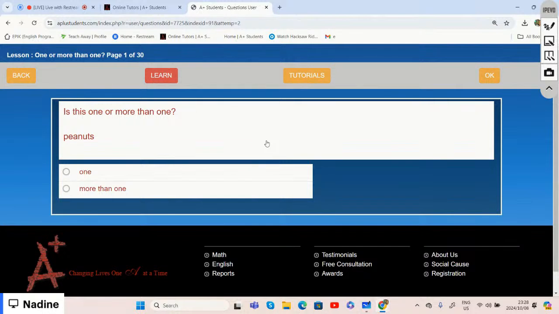Is that one peanut or more than one peanut? So is it option one or option two?